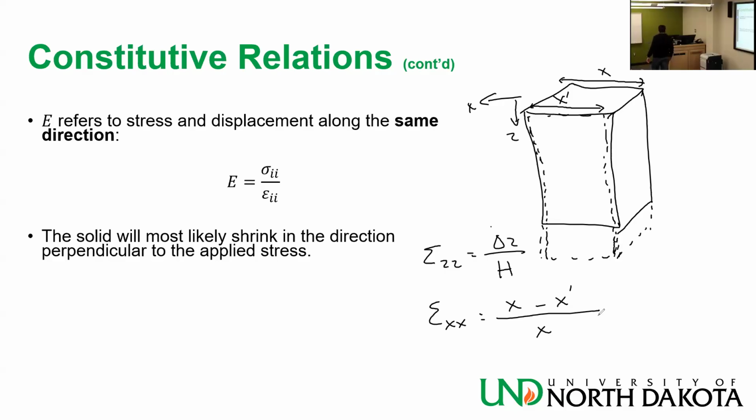And then in the x direction, I went from x to x prime, let's say. Actually, I have a mistake here. It should be x prime minus x. So it would be negative. That's what I was going to say. So it would be minus 0.2 because I became taller but thinner.